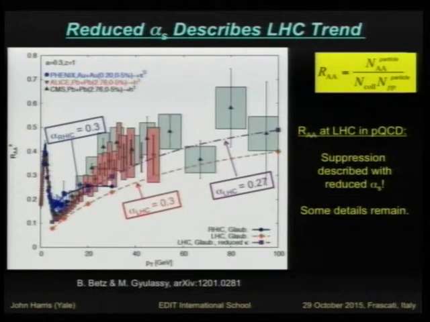It's a better fit if they reduce the coupling strength in QCD to 0.27, whether that's a good fit or not, you can argue. But the point is that this decrease in the suppression may be described by a change in the coupling constant as you go up in energy, for the partons propagating through the medium and interacting with it.